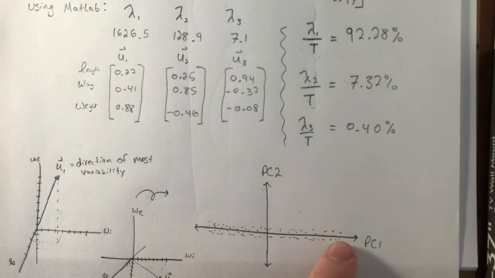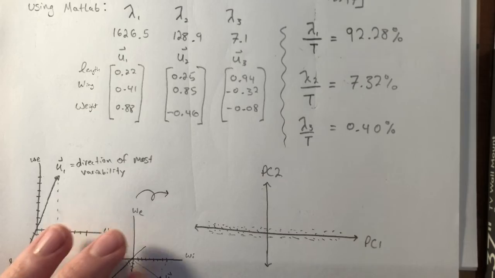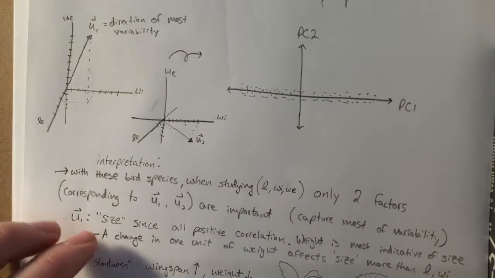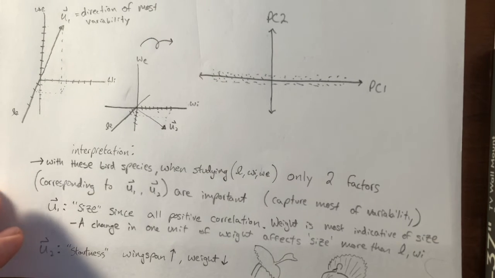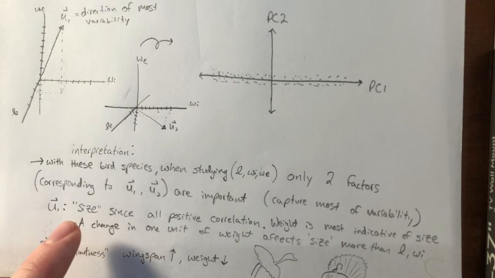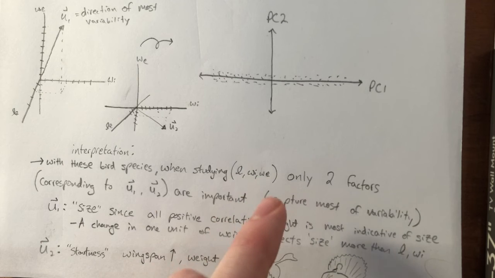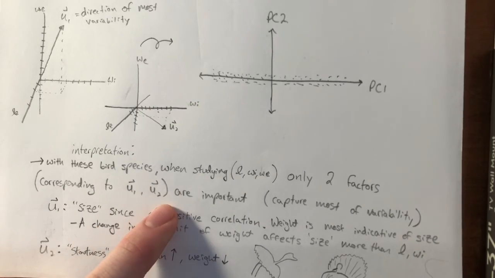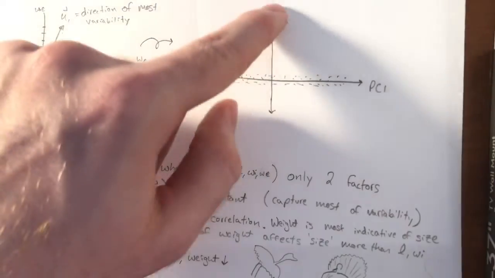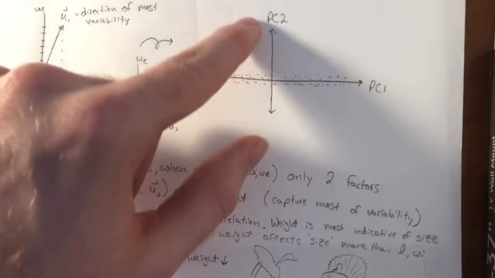And furthermore, we can see that most of the variability is maintained in this one principal component. As for the interpretation, when we study these 100 bird species and analyze their length, weight, wingspan, really only 2 factors corresponding to the 2 principal components are important in characterizing the relationships of these species.